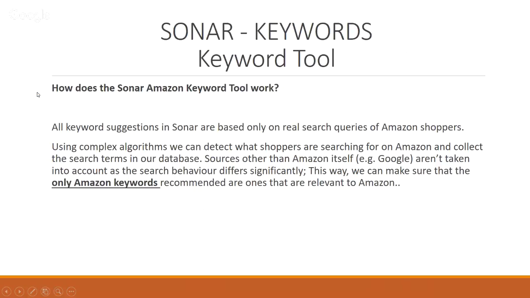So how does the Sonar Amazon keyword tool work? Let's have a quick read of this. All keyword suggestions in Sonar are based only on real search queries from Amazon shoppers. That's important to understand, because again, we've seen on some of them that the results are showing us long tail keywords. In other words, what people are actually putting into Amazon to search for a product.